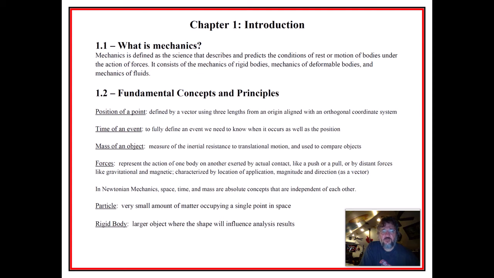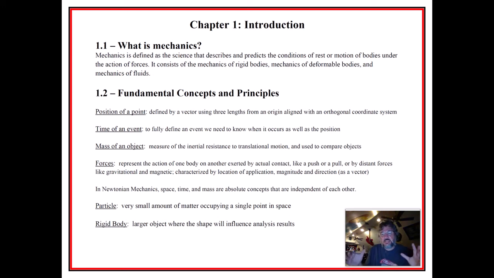But we want to first define where a point is located. We also want to discuss time, to have a definition of when something begins and when something ends. We also want to have the mass of an object, right? That's different from its weight, because weight is related by the acceleration of gravity, and gravity isn't the same everywhere.